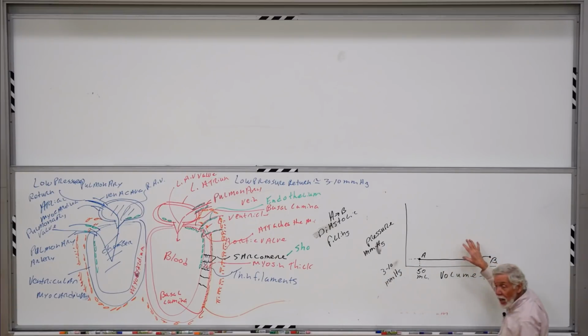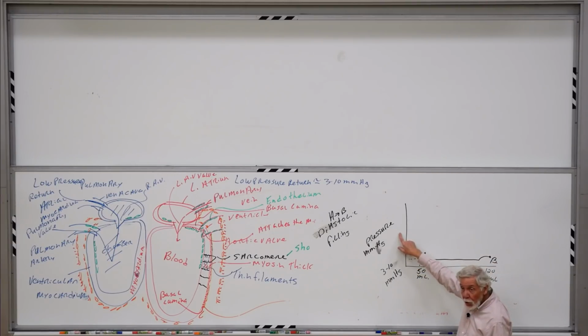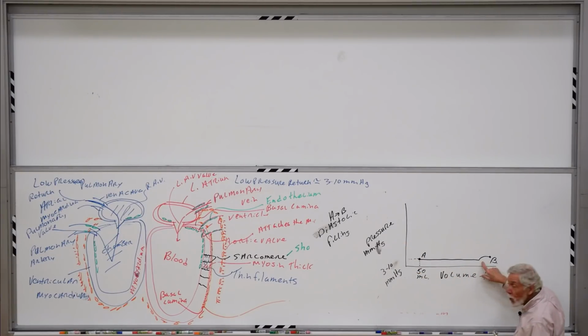So we're going to talk about the left side here. Now we see that we're filling the ventricle. Notice that there's no change in pressure. Remember, this is the pressure on the ordinate. There's a bit of a change in pressure here. So we get a little bit of pressure right at the end before reaching the period known as end diastolic volume.